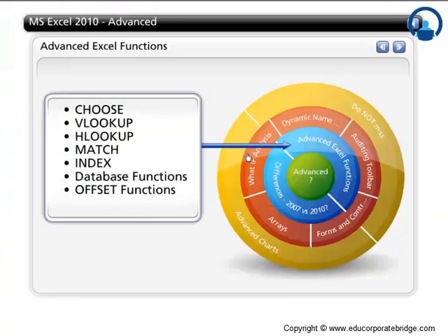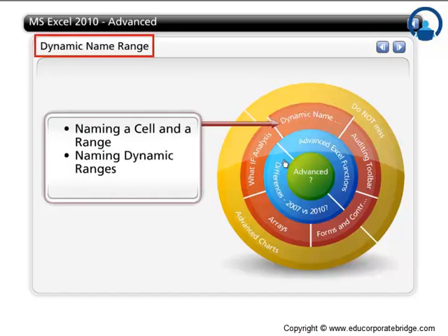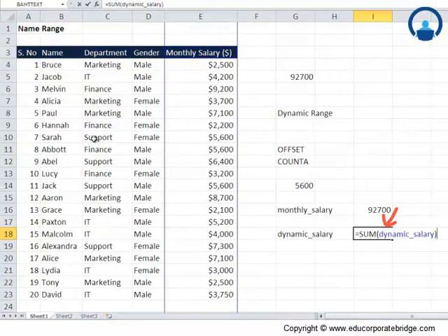Once we are done with these advanced Excel functions and differences, we will learn different kinds of sensitivity analysis, which are done under advanced techniques of one-dimensional data tables, two-dimensional data tables, using solver and goal seek to come to the conclusions. We will see how a dynamic name range can be made. A dynamic name range would include ranges which we can name in a dynamic way. So we will see how that can be made.